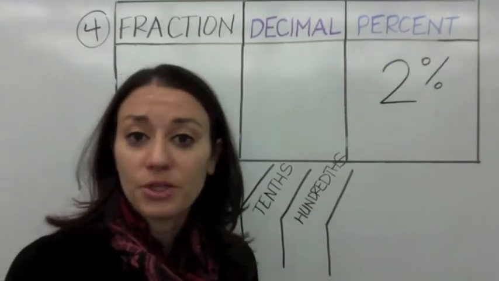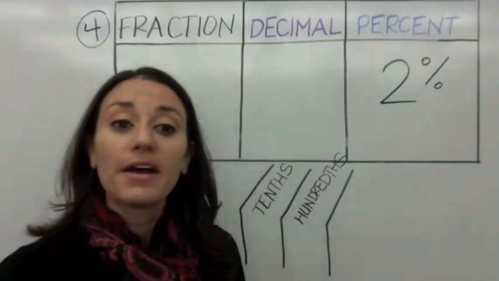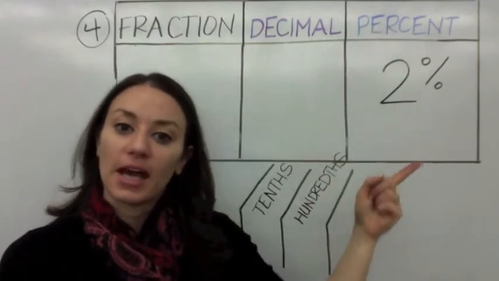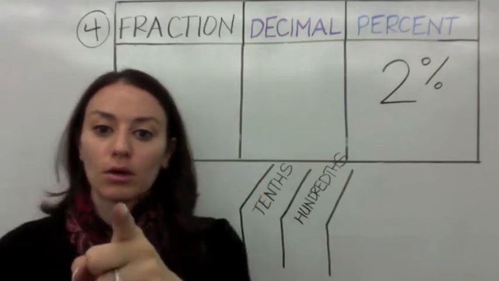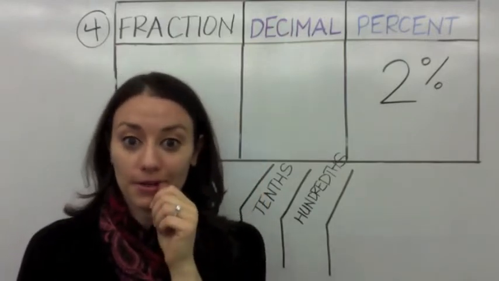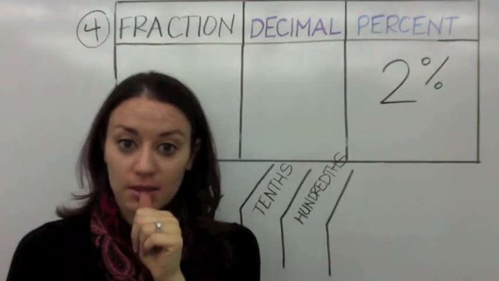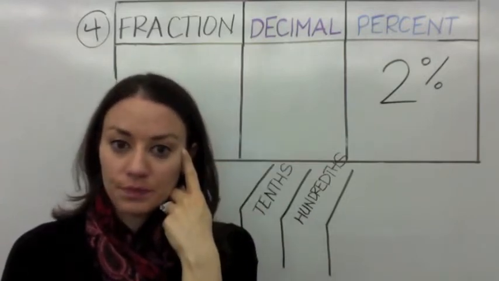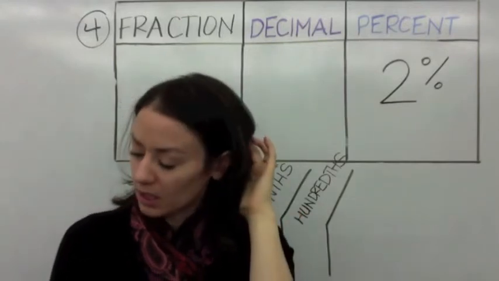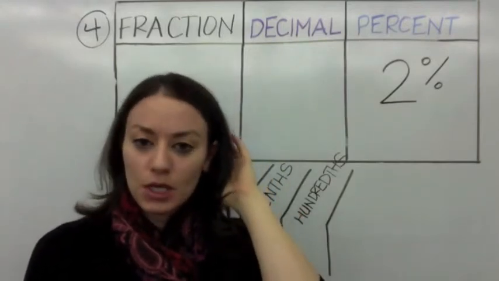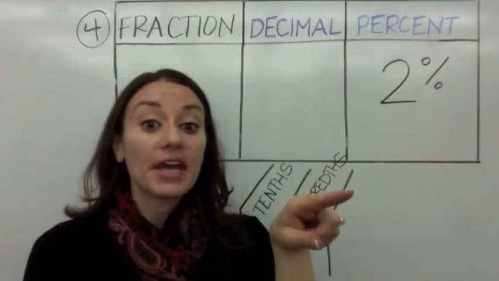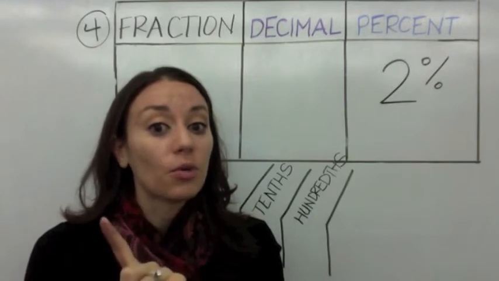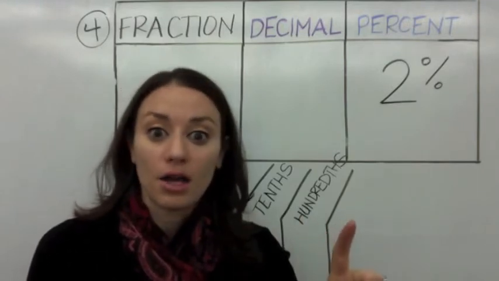Now let's see if you were really listening. What if I give you 2% and I say, tell me what that is as a fraction and a decimal, okay? Now what are you going to do? The easiest thing to do is remember, oh, okay, Ms. Cotran told me that a percentage is a fraction that has a denominator of what? A percent always has a denominator with the number 100.